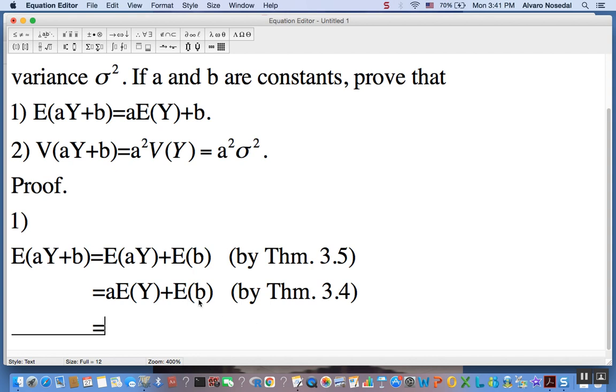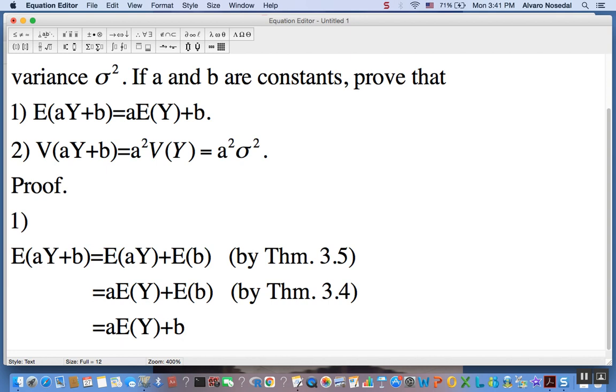Note that b is a constant, right? And something else that we showed, another useful result regarding expected values, is that the expected value of a constant is the constant itself. So this turns into this again, because the expected value of b, because b is a constant, is b itself. Okay?